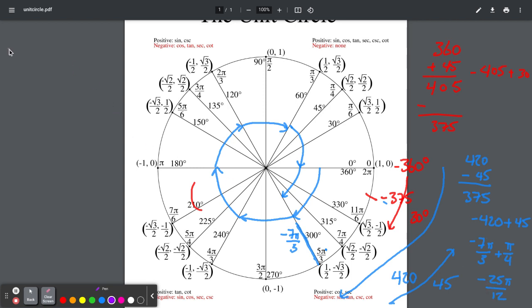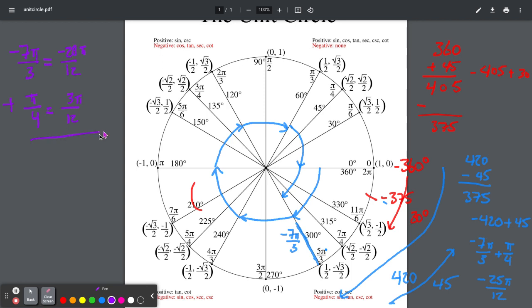So just as a quick side note, just so you can see that. If I had negative 7 pi over 3, I'm sorry, let's erase, that's not pi over 4, that's pi over 3. Negative 7 pi over 3 plus pi over 4. Find my common denominator, which is 12. So that would be times 4 on the bottom for the first, and 3 pi on top for the second, and negative 28 pi for the first.